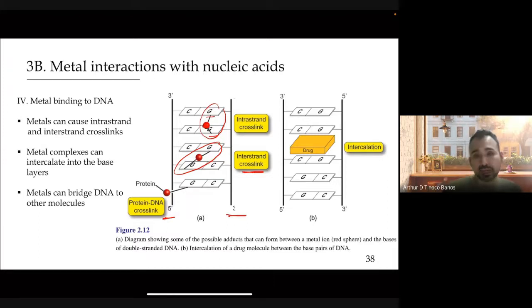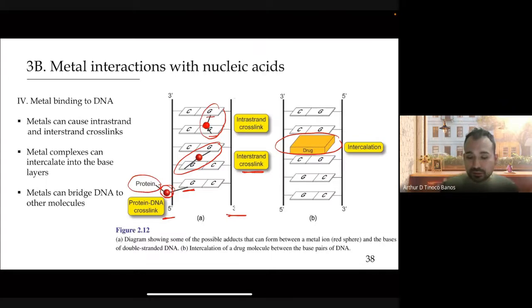Okay, another type of interaction is that you have a metal coordinated to the base of the nucleotide. Here the representation is the guanine, but that's also facilitating an interaction with another biomolecule, for instance a protein, causing a cross-link between a nucleic acid and a protein. Another level of interaction is, imagine a metal compound, a drug that can insert itself between the aromatic layers.